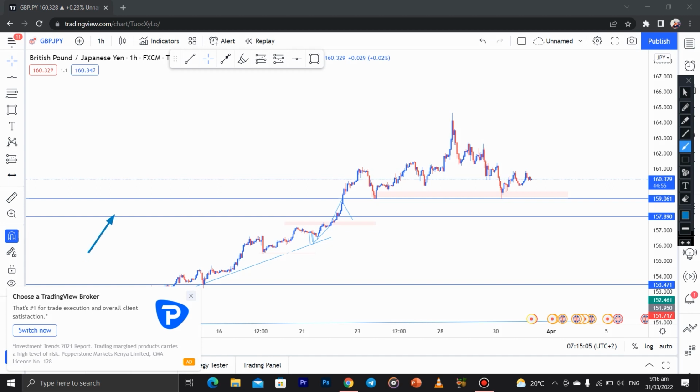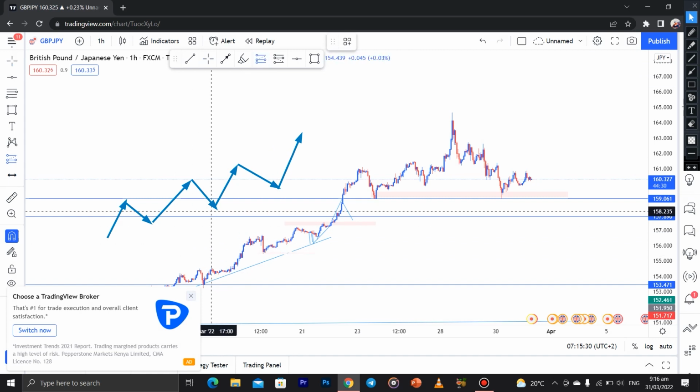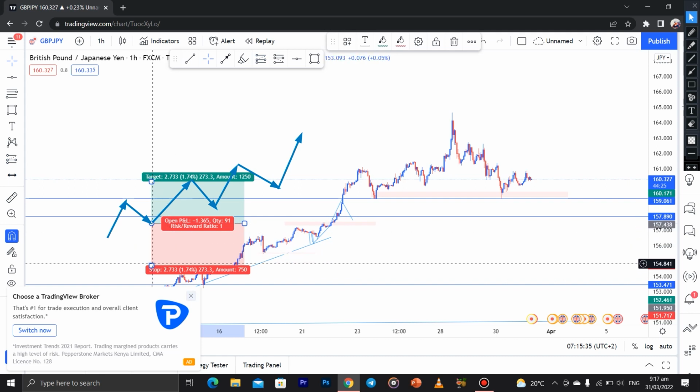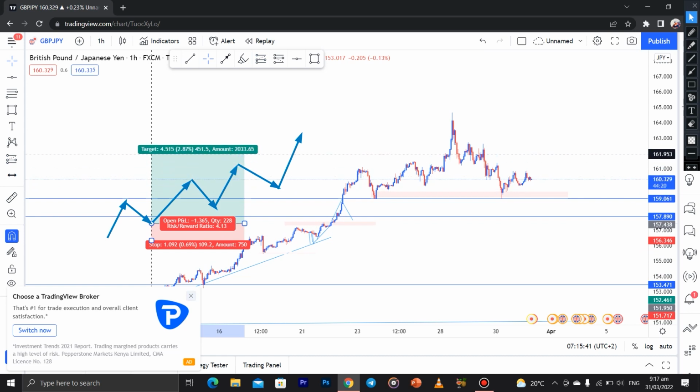So let's say we have an uptrend in such a way, and let's say I'd entered my buy from around here, with this being my target.